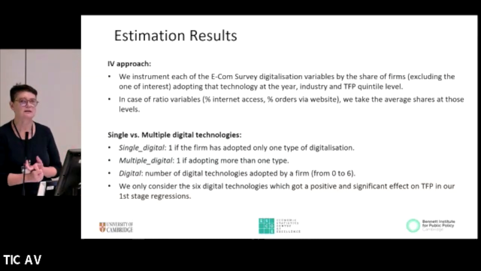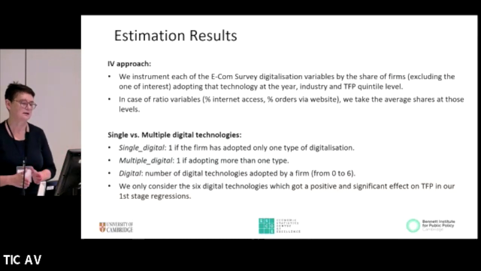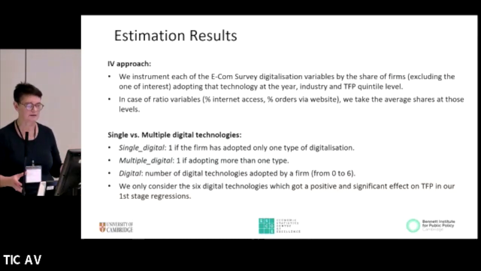One is single digital: has the firm adopted one of these digital measures? Another is multiple digital: have they adopted more than one type? And then a variable that ranges between 0 and 6, depending on which of 6 digital technologies that are positively related to TFP in our first stage regressions.